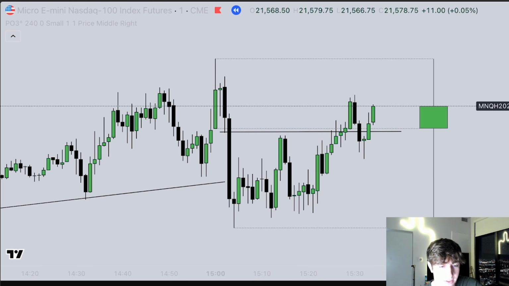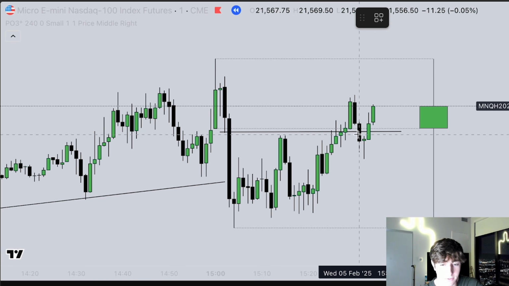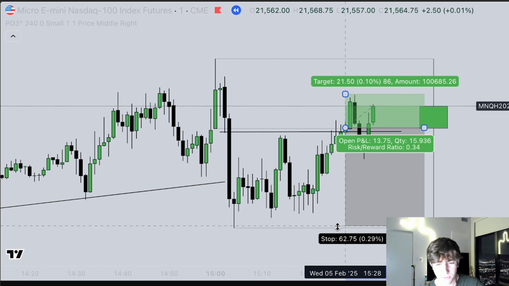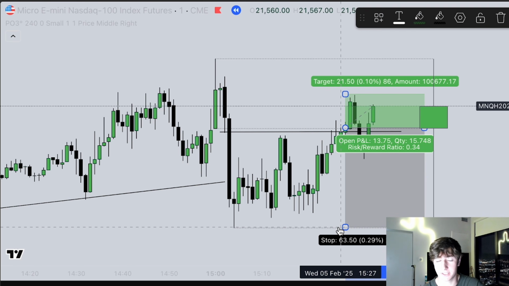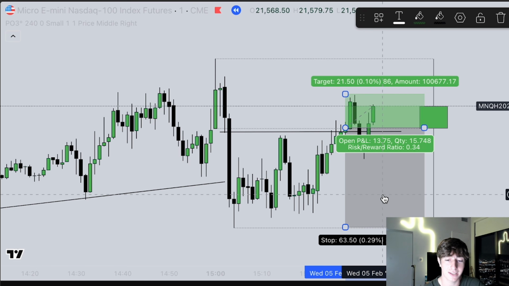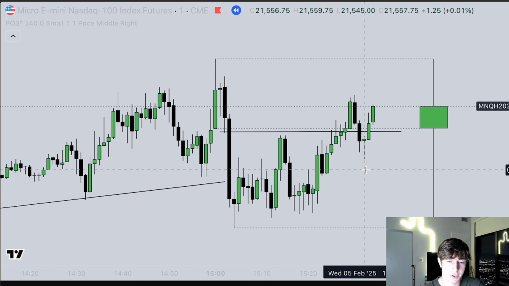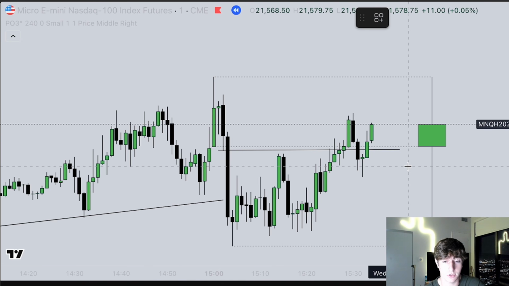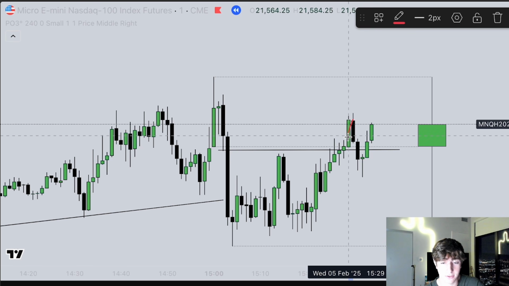Now, I'm not necessarily just going to enter off of that inverse right there. You definitely can, but I don't really want a 250 tick stop loss. That's probably the very highest I'd ever want to have a stop loss, is like 250 ticks. So essentially all we did is wait for a retest and an additional 1 minute CISD. If you don't know what a CISD is, it's 2 or more candles to the downside.